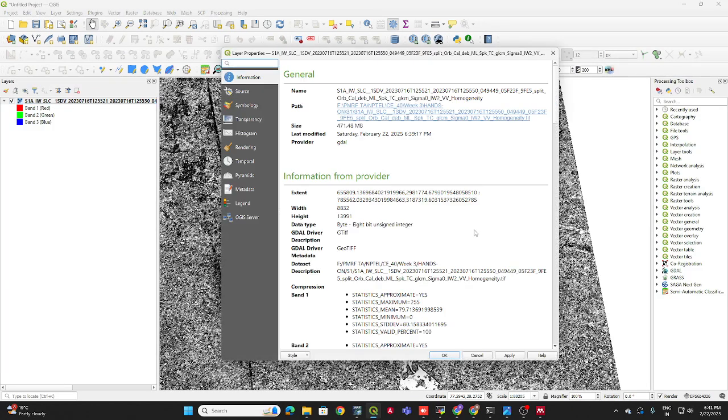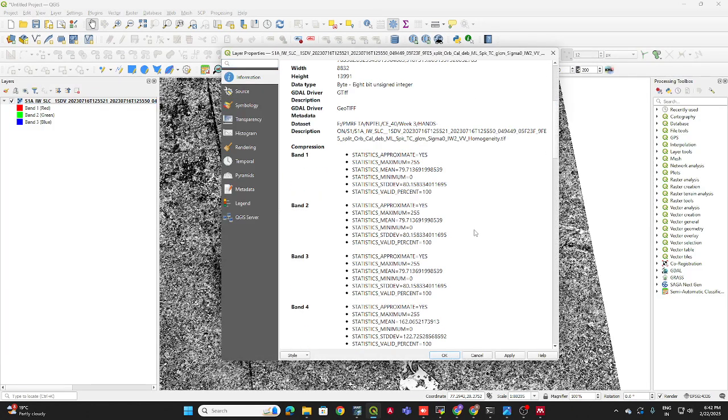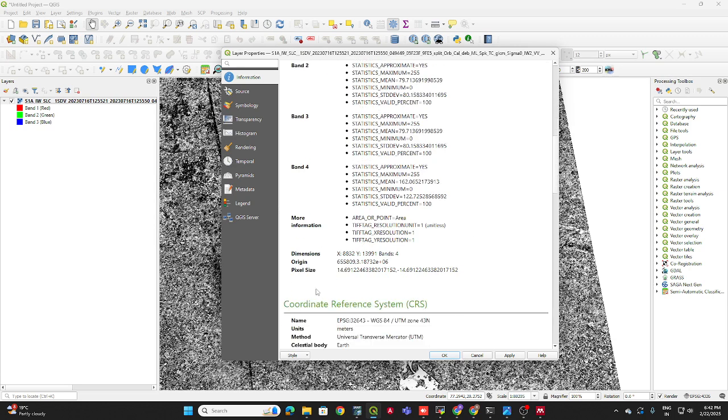And this is the resolution: when Sentinel-1 is multi-looked, it gives you approximately 14.6 square pixels. So now you can resample this accordingly and use it.